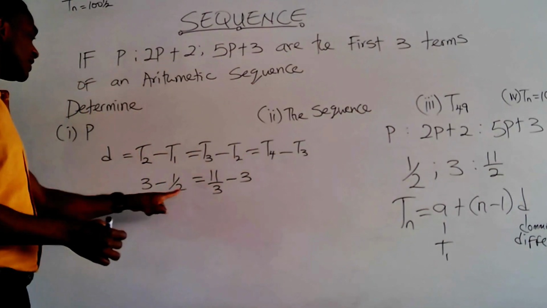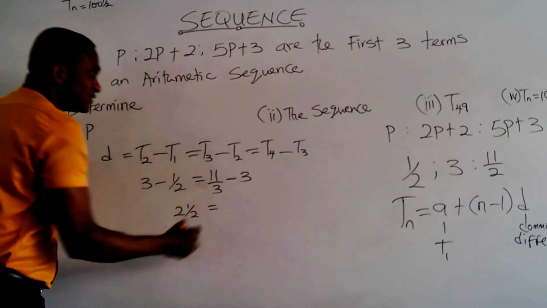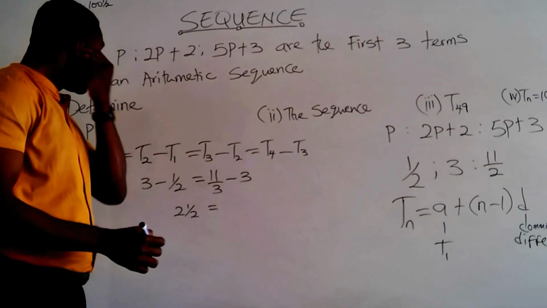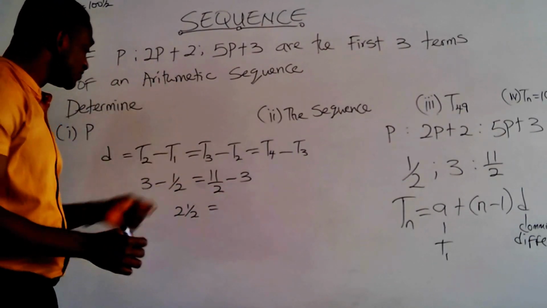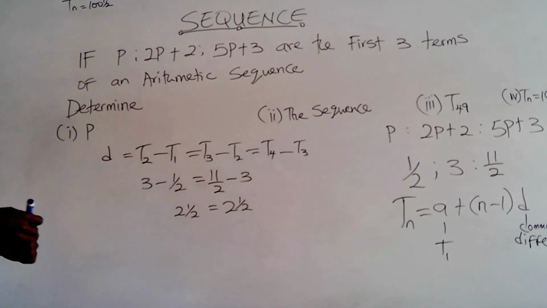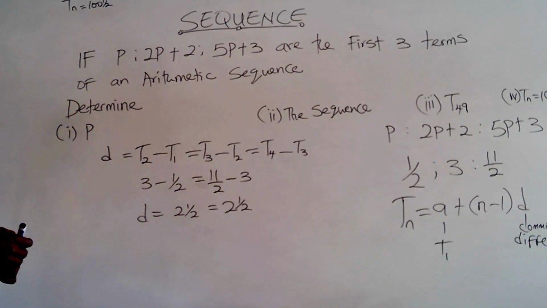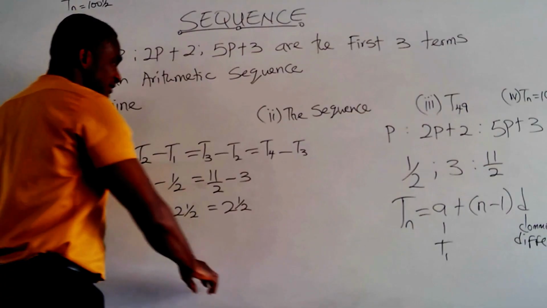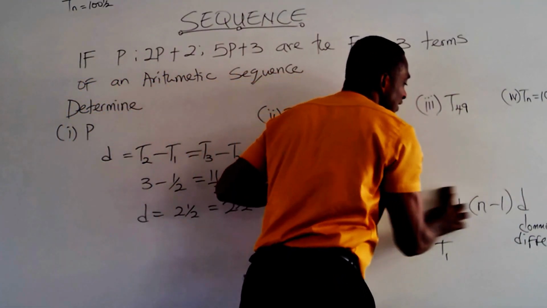Now look, 3 minus 1 over 2 is 2.5, and 11 over 2, which is 5.5, minus 3 is also 2.5. So our common difference is 5 over 2. Now let's plug it into the general formula.